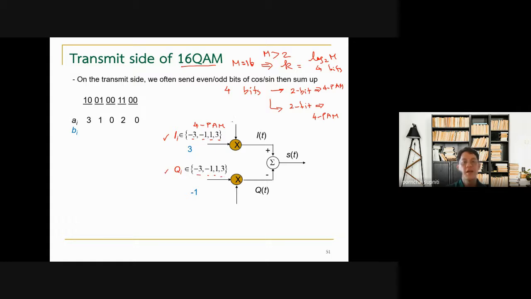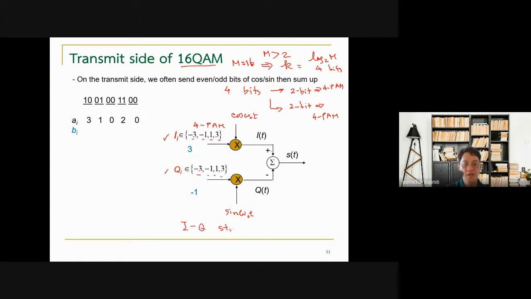We multiply the I symbols with the cosine, and the Q symbols with the sine, and then we subtract from each other. This structure we call an IQ structure.